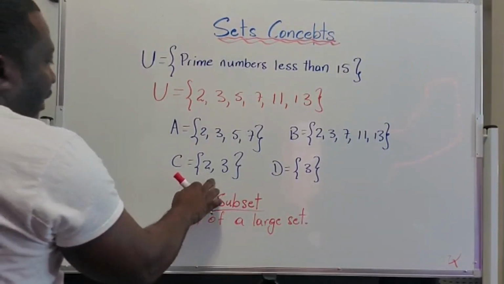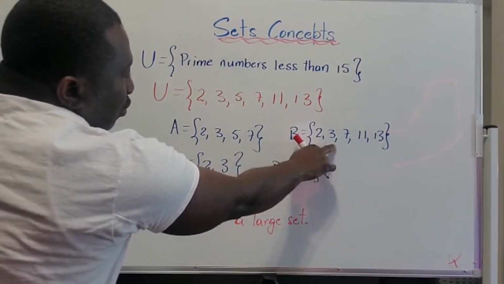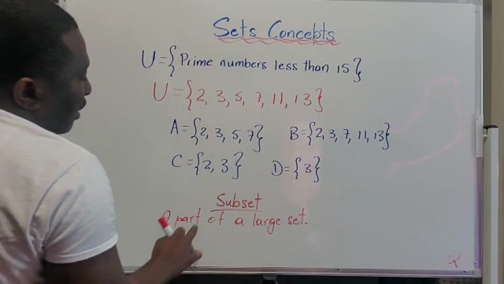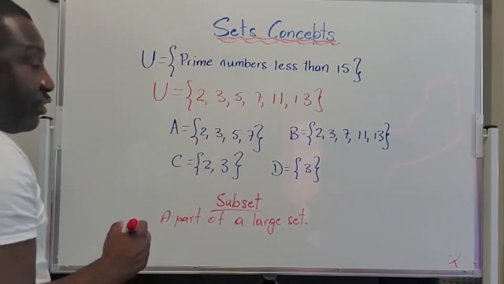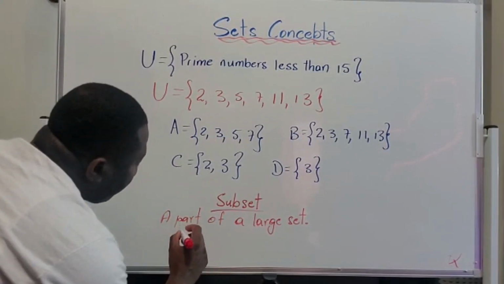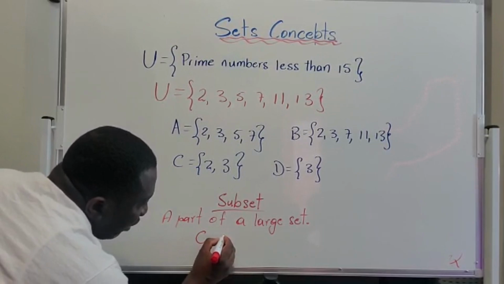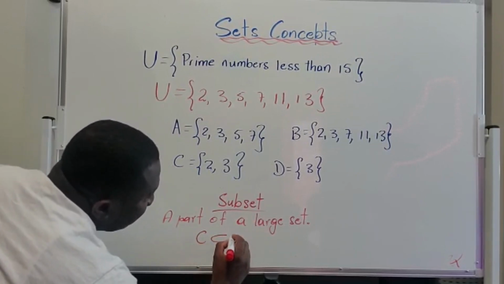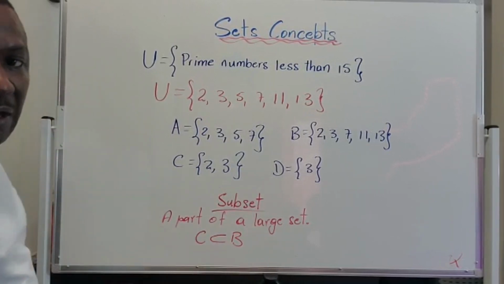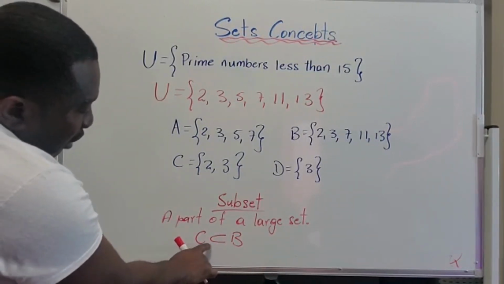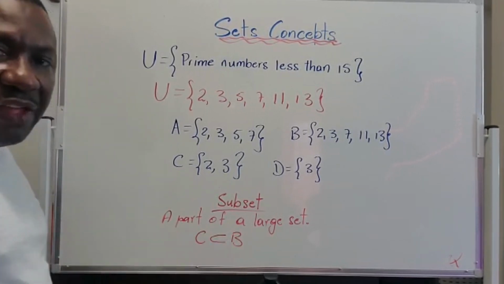if I look at C, I can see that the elements in C are also in B, and the same elements can be found also in set A. So it would be fair for me to say that set C is, sorry, is a subset of set B. And note the symbol is turned this way, just like a U looking in that direction.